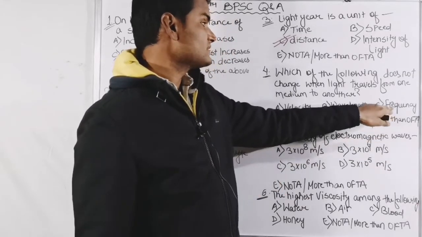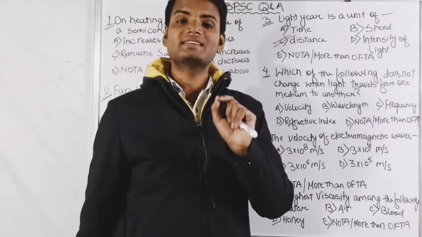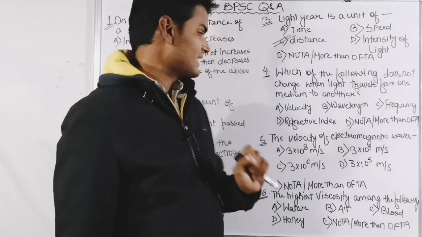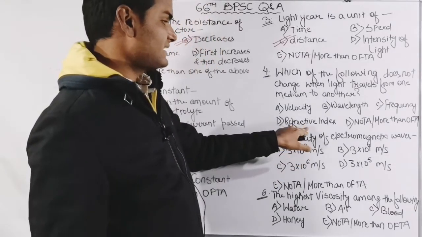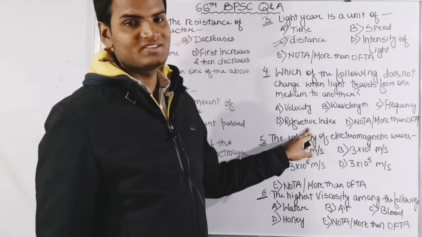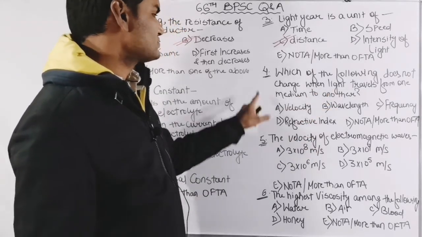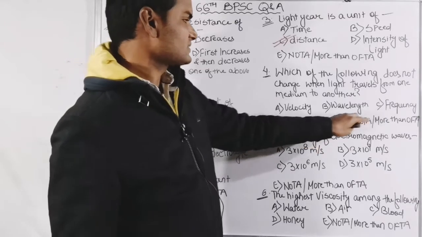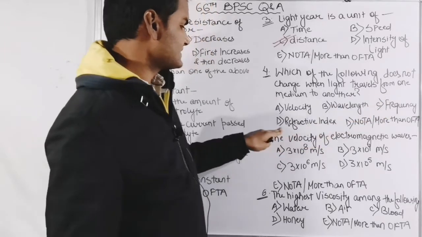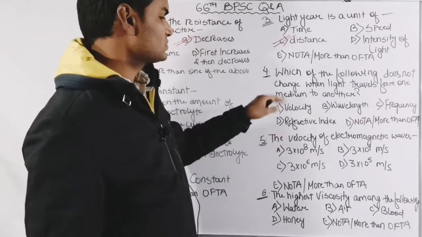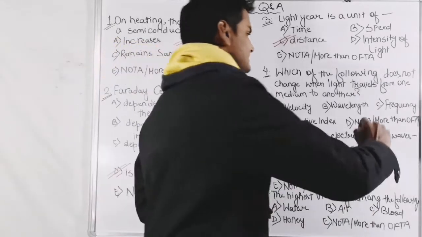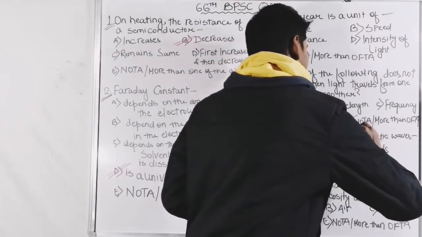But frequency of light does not change as per the medium. And the refractive index is also a constant which is not going to change when light travels from one medium to another. So there are 2 correct options in this, the first one is frequency and the second one is refractive index. So the answer of this question will be more than one of the above.